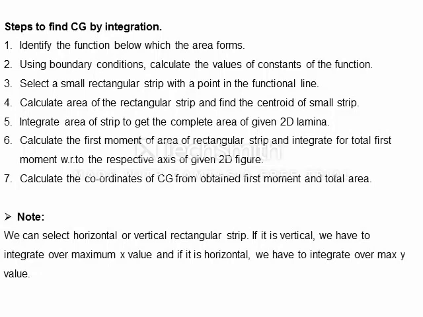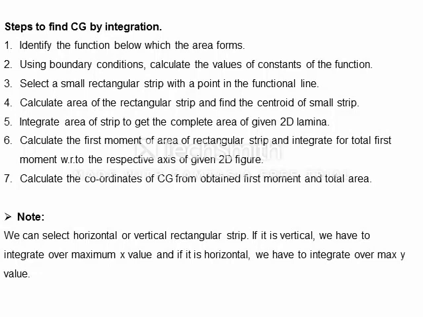As a sixth step, we have to calculate the first moment of the selected rectangular strip and integrate for the first moment of the given 2D figure. And the final step is to calculate the coordinates of center of gravity from the obtained first moment of area and the total area.